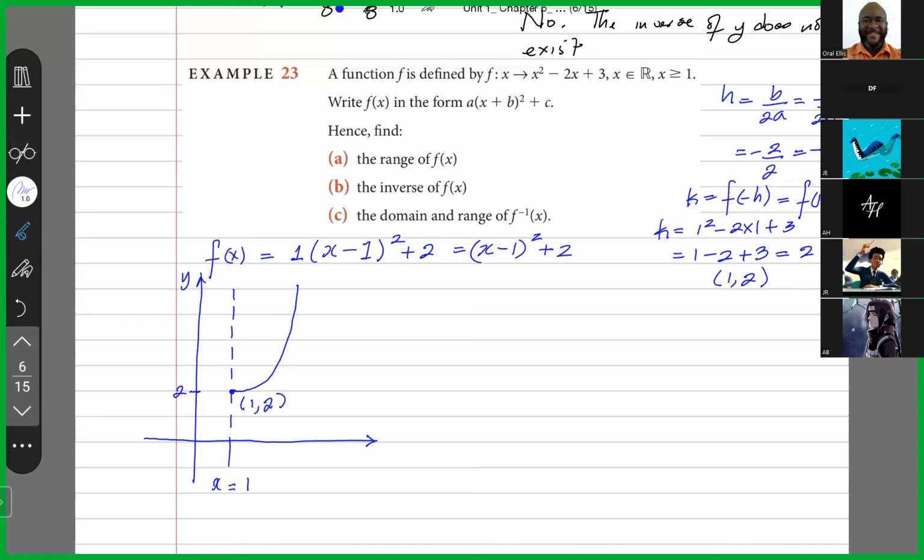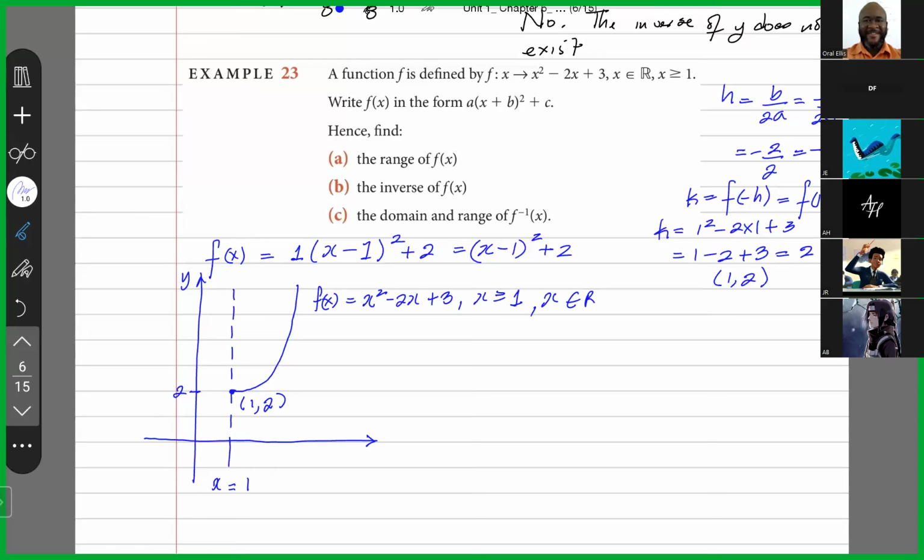The function is only the right half of the quadratic function. This is f of x is equal to x squared minus 2x plus 3, where x is greater than or equal to 1, and x is an element of the set of real numbers. That is the graph that we have.